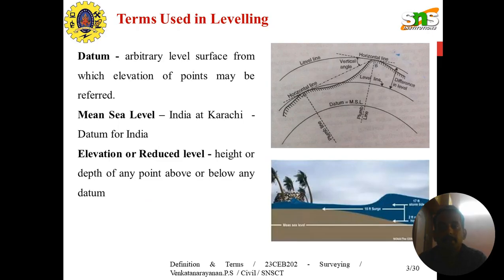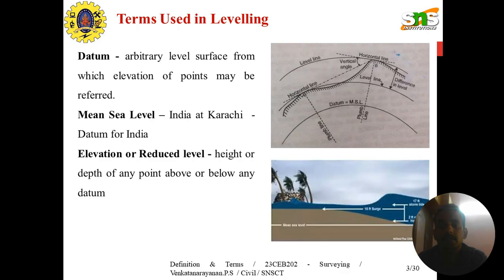Then datum is a reference point in which the mean sea level is considered to be 0. It is an arbitrary or imaginary level surface from which the elevations of various other points are taken. It is also called mean sea level.